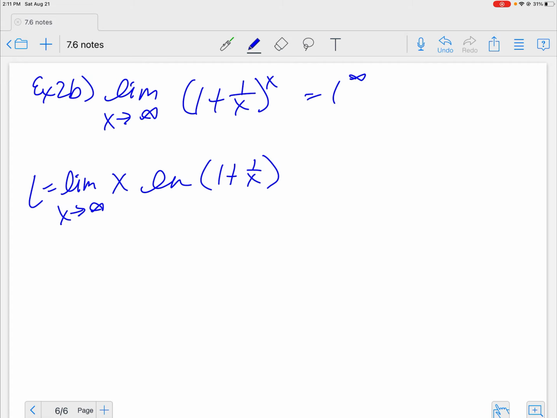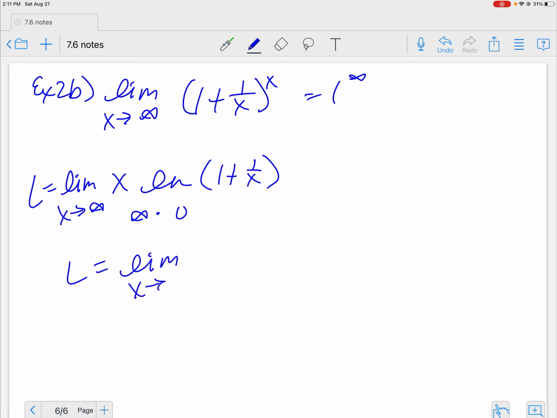All right. So now this is going to be infinity times 0, right? Because this is going to give me a 0 here, and the natural log of 1 is 0. So infinity times 0. Let's rewrite this.